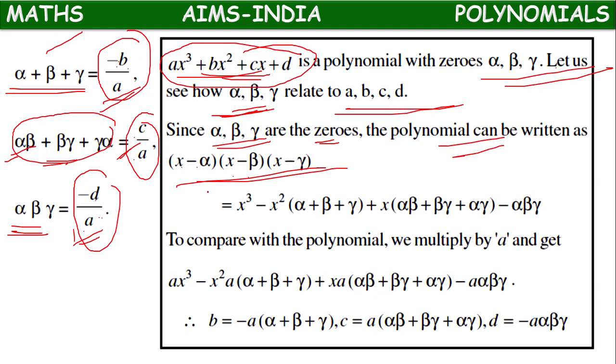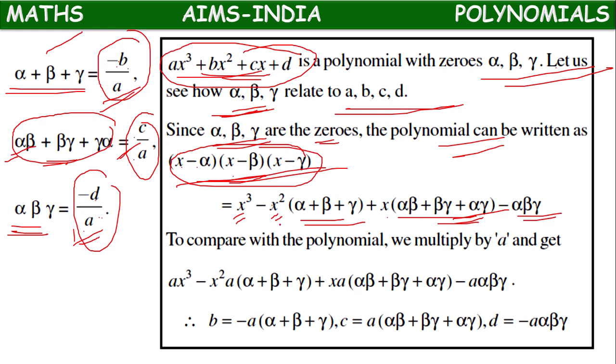If we multiply and simplify, we will get x cube minus x square common, alpha plus beta plus gamma, plus x common, alpha beta plus beta gamma plus alpha gamma, minus alpha beta gamma. Like that we can write after multiplying and simplifying.